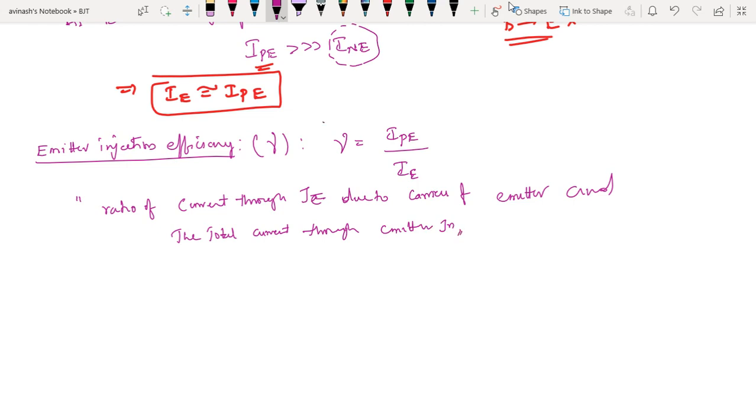So that is denoted by what? Gamma is equal to IPE divided by IE.